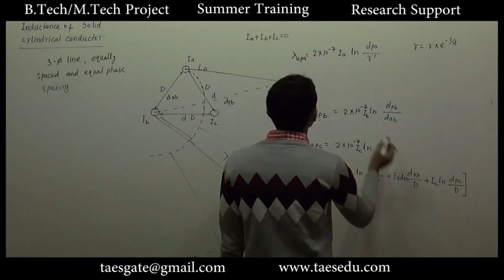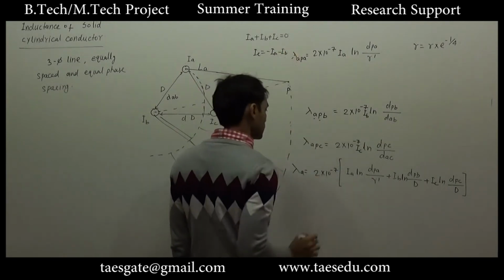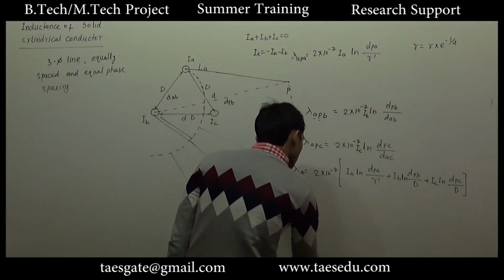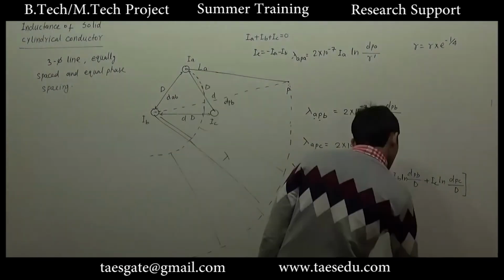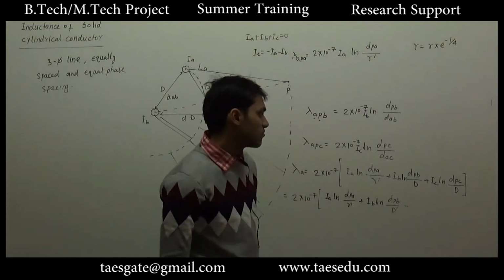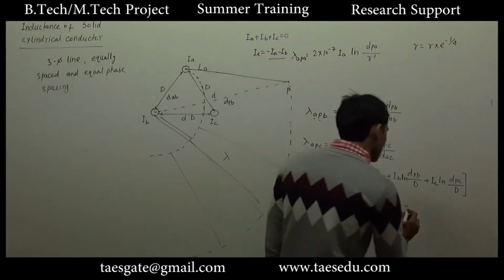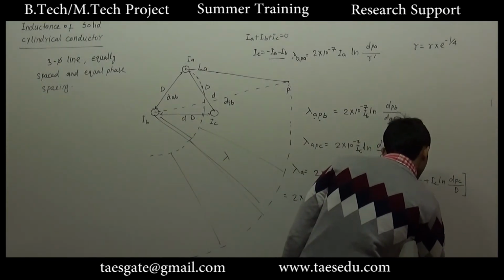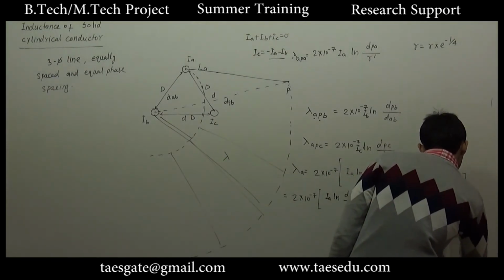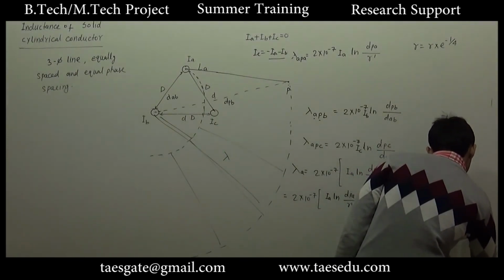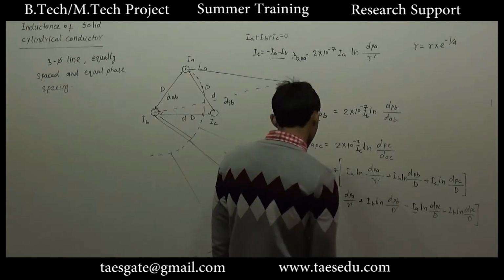Now for calculation we will use IC is equal to minus IA minus IB. So here we will have 2 into 10 to power minus 7. At the place of IC we will have minus IA minus IB. So first minus IA ln dPC by D minus IB ln dPC by capital D. Take the terms with IA together.